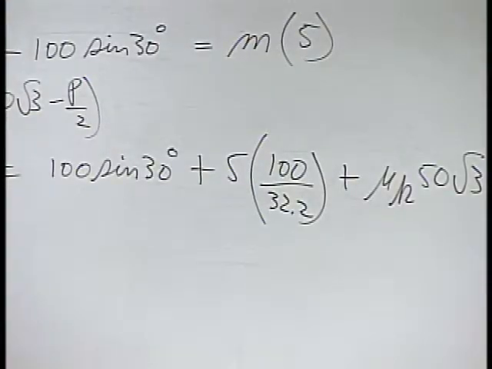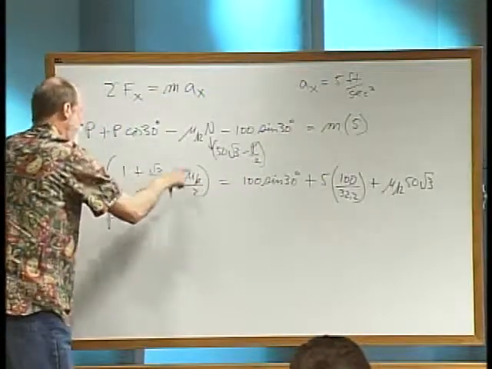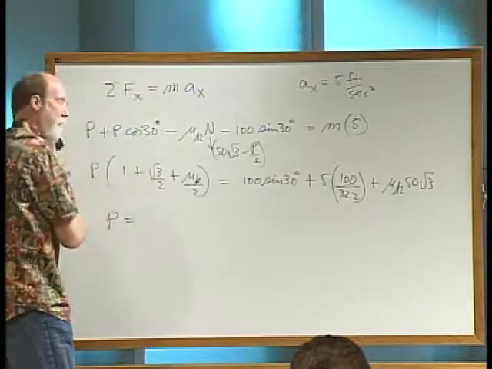So I believe they were asking what's the prescribed force in this problem. So the prescribed force is going to have to be equal to the stuff on the right divided by this factor we have right here.